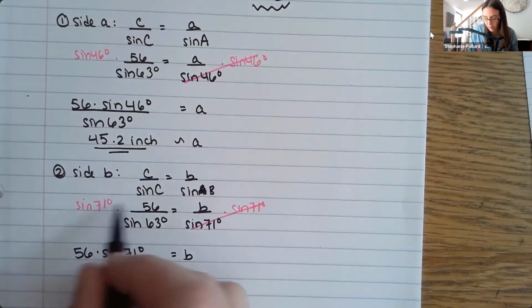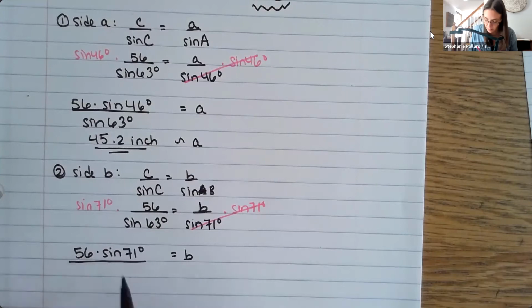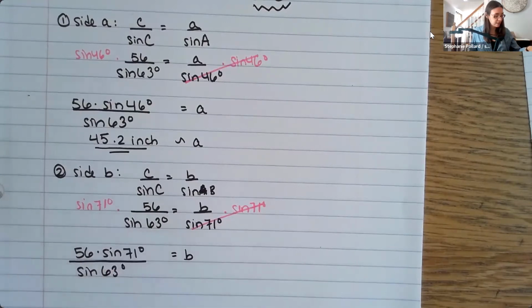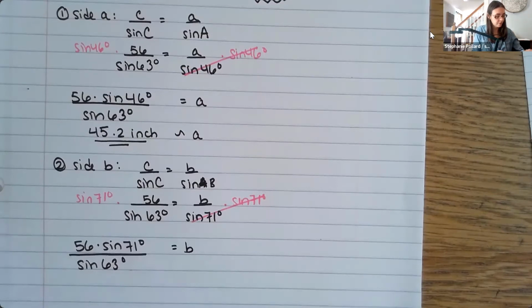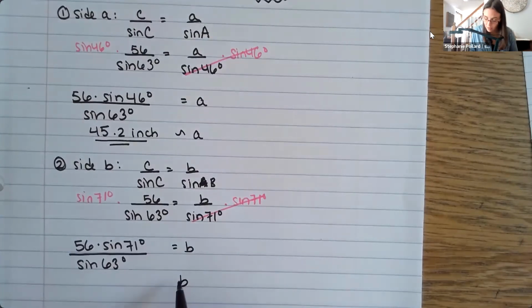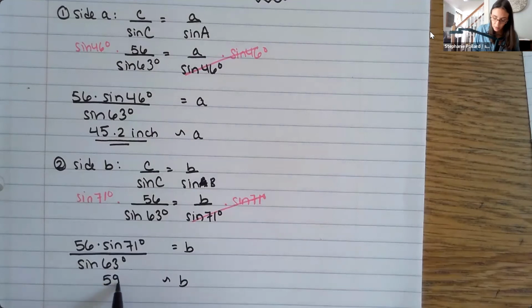It doesn't matter which one you write first, just a little bit easier to read with the 56 first. And again, you're going to use your calculator here. I'll let you try that at home. And you get about 59.4 inches.